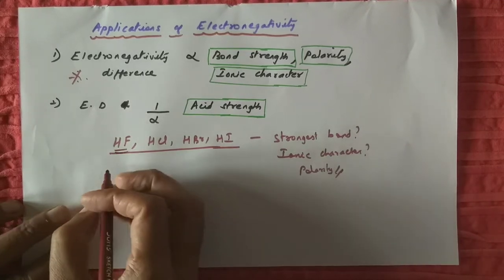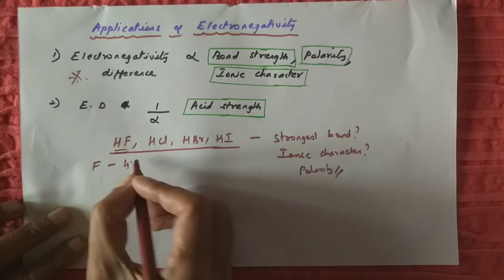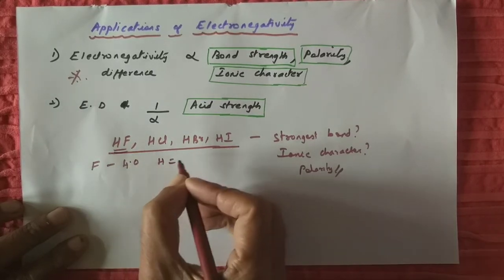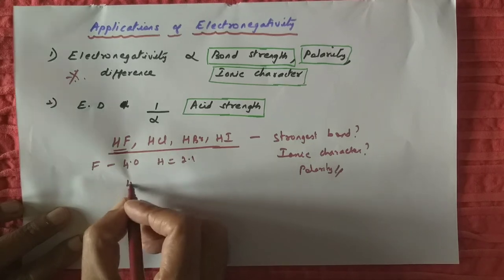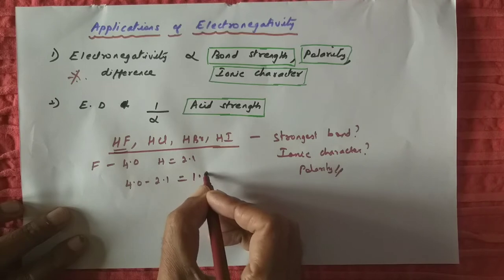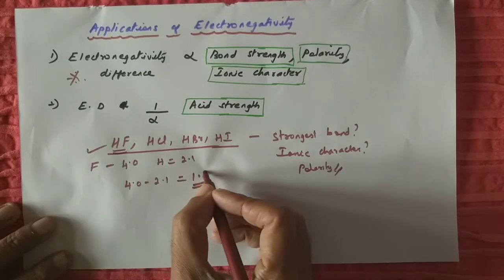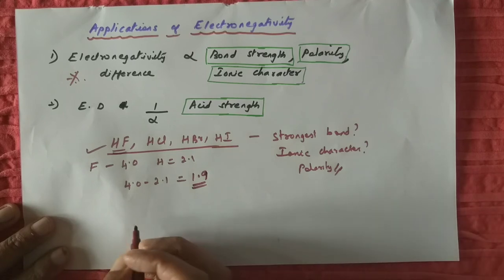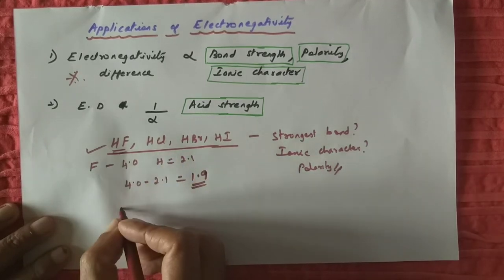In HF, we have seen the fluorine electronegativity value is 4.0 and for hydrogen it is 2.1. So the difference will be 4 minus 2.1, equal to 1.9. But when you take HCl or HBr or HI, let me take HI.